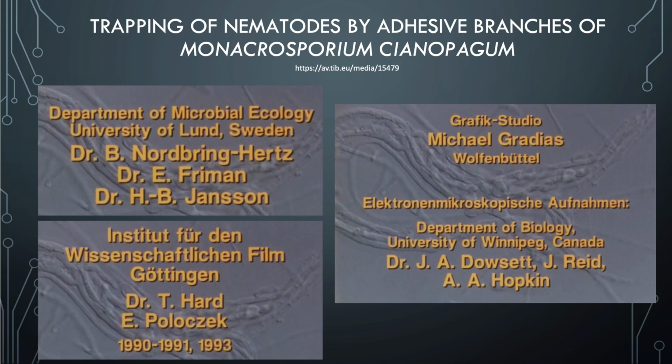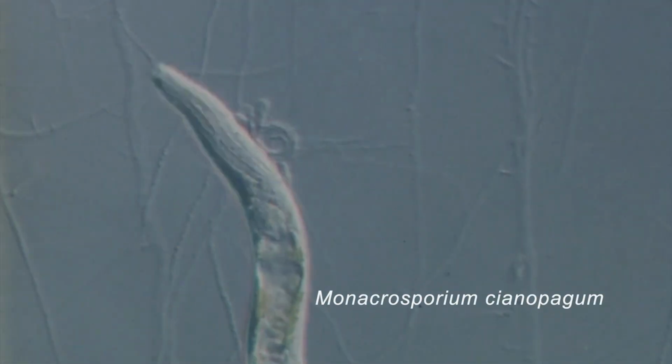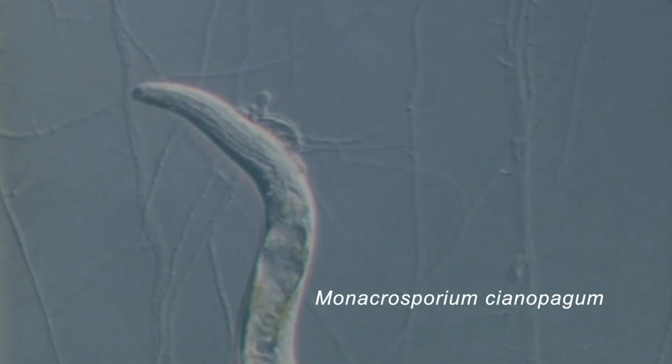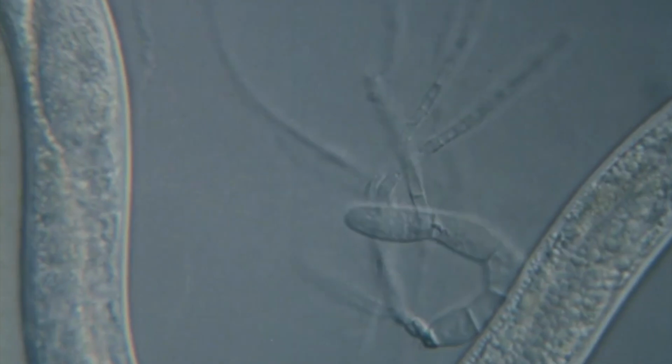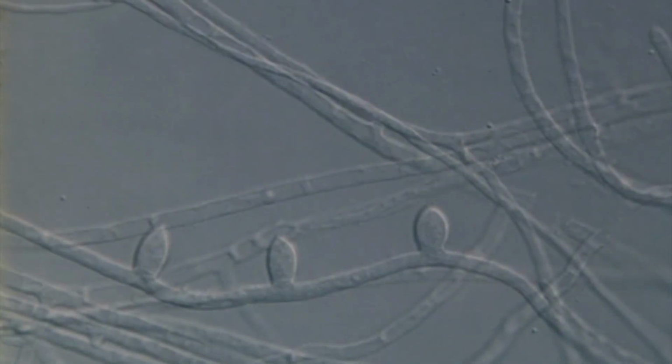And so what I have done is explained the footage itself, but I recommend watching the full video with the original voiceover. So Monacrosporium cyanopagum produces adhesive branches of sticky trapping hyphae, these thick, short, stubby hyphae of fungal cells, and they look very different to the usual hyphae.